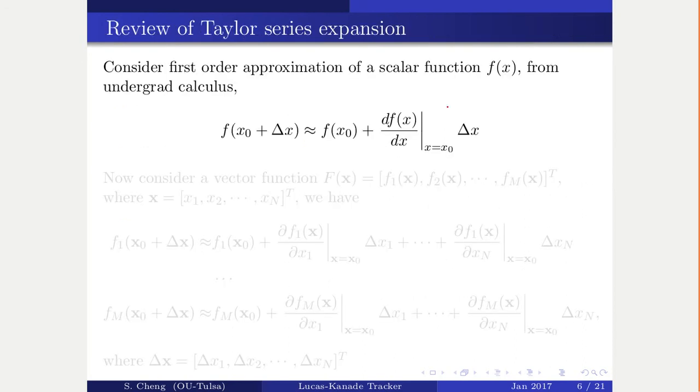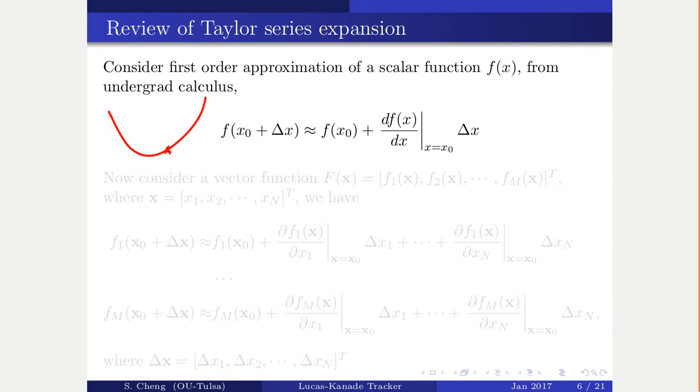Okay, to continue our discussion, we need to review some calculus. So let's first look at the Taylor series expansion, and in this case, more precisely, the first order expansion. Let's say I have a scalar function f(x), and I would like to expand f(x_0 + delta x), so it can be approximated by f(x_0) plus the derivative of f at x_0 multiplied by delta x. So we have a figure something like that.